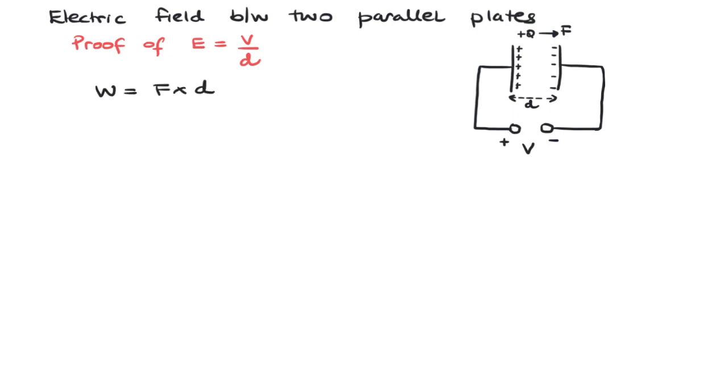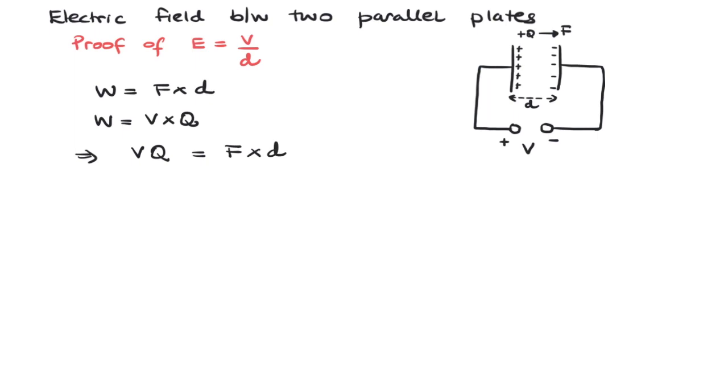We also know that work is written as V times Q, as a potential difference is applied across the two plates. If we put these two together, we have VQ equals F times d.